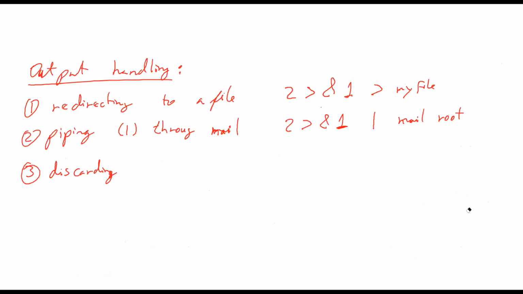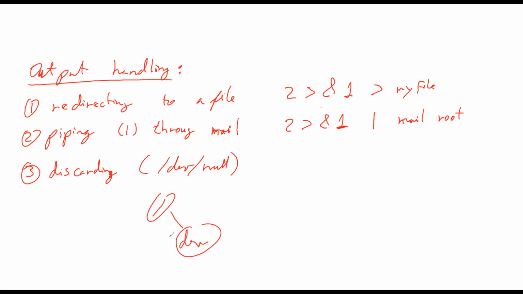In the case of discarding, you actually don't care about the results. You just want to get rid of it. So discarding usually goes to the /dev/null interface. As you know, the file system, which we haven't really talked about yet, has the root directory, and one of the nodes is dev. Dev stands for devices.